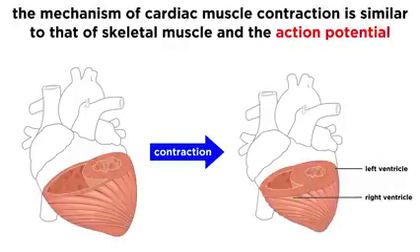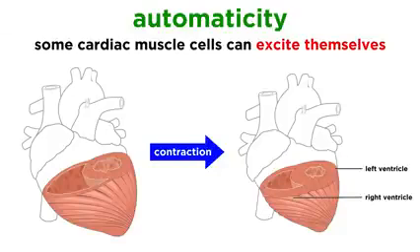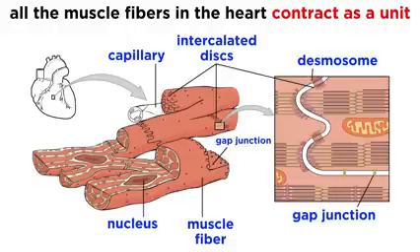The mechanism by which the heart pumps is similar to what we already know about skeletal muscle cells and the action potential, but there are some key differences. First, a small percentage of cardiac muscle cells can excite themselves. They do not need a nerve impulse. This is called automaticity. Also, contraction is highly coordinated.